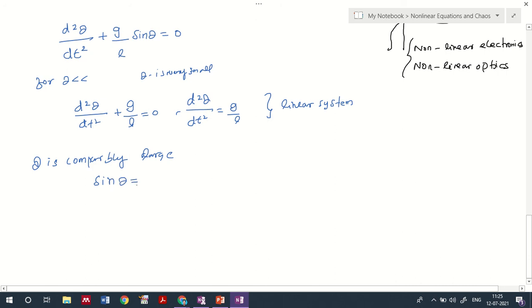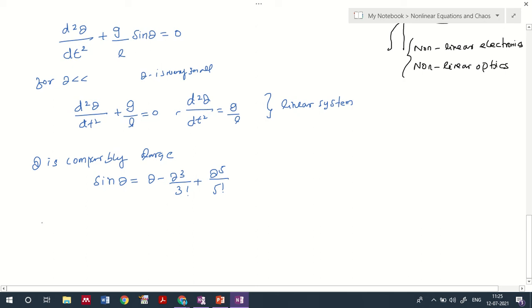So what is sine theta? If we expand it, we can represent sine theta as theta minus theta cube by 3 factorial plus theta raised to 5 by 5 factorial. Like that you can expand this representation.